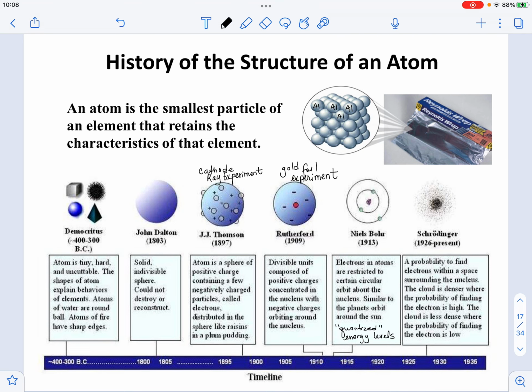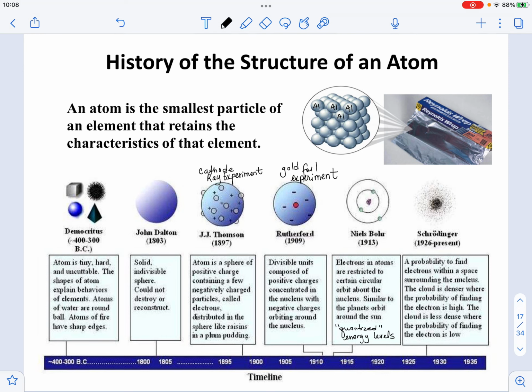During that time, Democritus proposed an atomic theory where he saw atoms as tiny, hard, and uncuttable. He didn't perform any experiments. All he did was propose that the different substances around him, like for example water and fire, were going to be made out of these atoms that most likely, in his view, had different shapes.